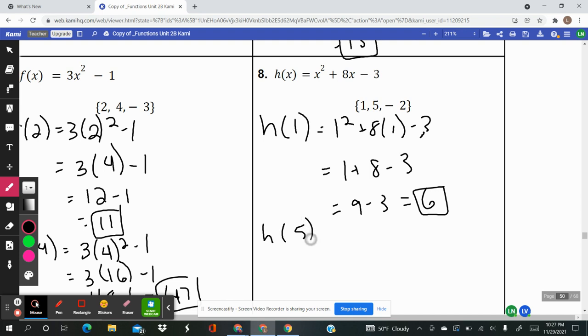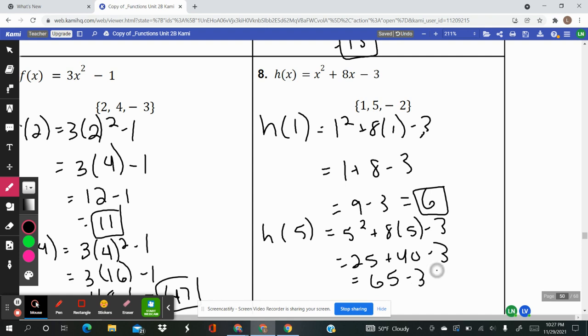So h of 5 is my next value. 5 squared plus 8 times 5 minus 3. 25 plus 40 minus 3. 65 minus 3 simplifies down to 62.